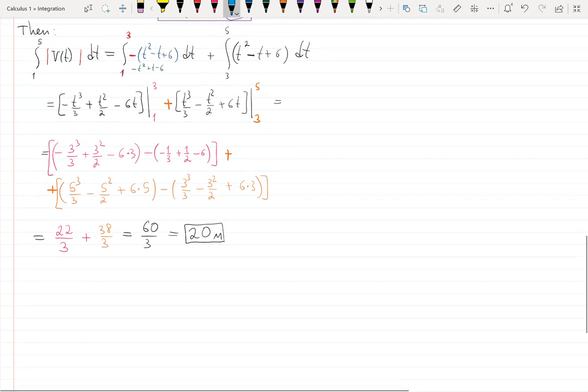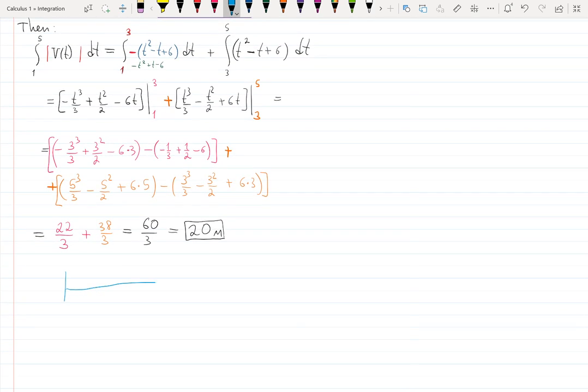So it means we know that the particle relocated 5.333 to the right. So now the location, or you can say the coordinate of the particle, is 5.333 meters to the right.